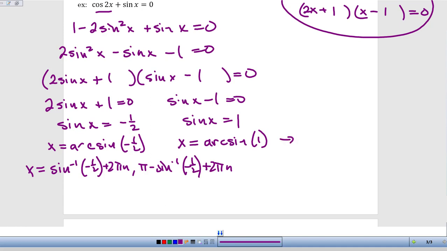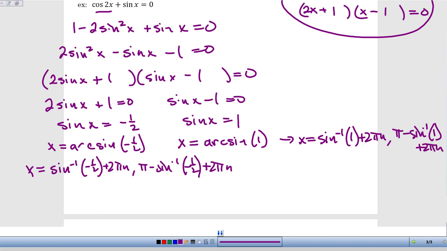And so for this one over here, we'll slide over. We've got x equals the inverse sine of 1 plus 2 pi n, and pi minus the inverse sine of 1 plus 2 pi n.